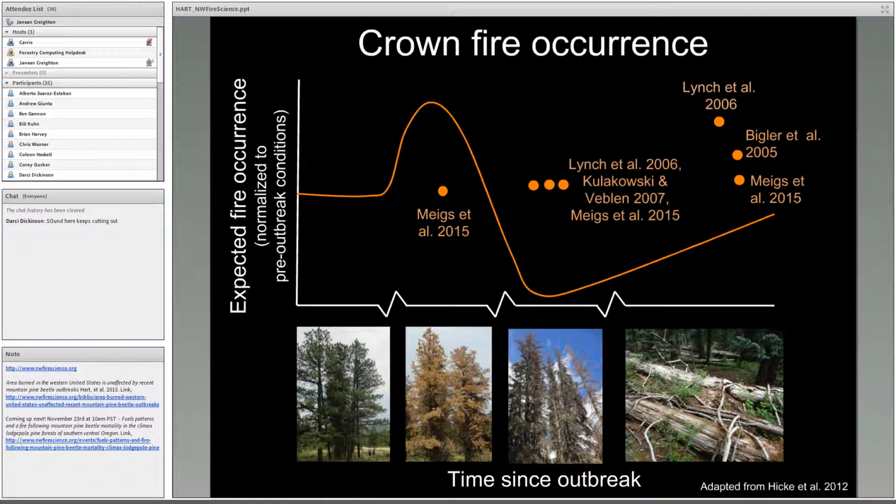However, I want to note that most of the retrospective studies that have looked at observed crown fire occurrence in actual areas that have been affected by mountain pine beetle have had a little bit of a difficulty trying to identify this linkage. So here, each of these points corresponds with a retrospective study that's been done looking at crown fire occurrence in areas affected by mountain pine beetle or other bark beetles such as the spruce beetle.